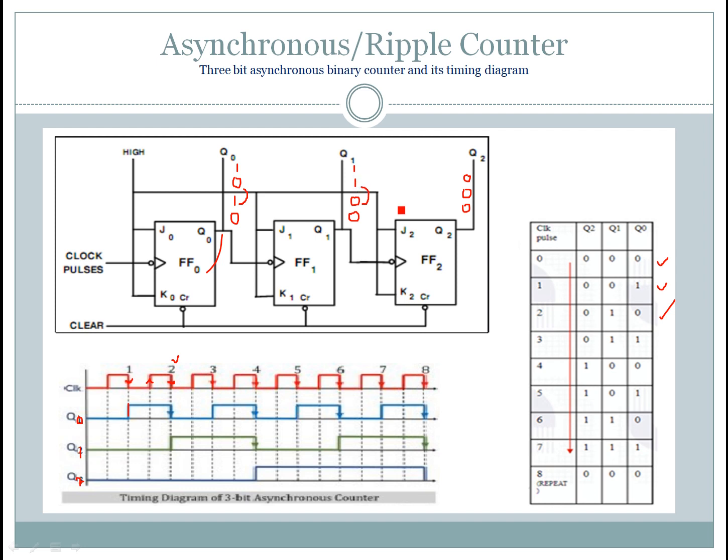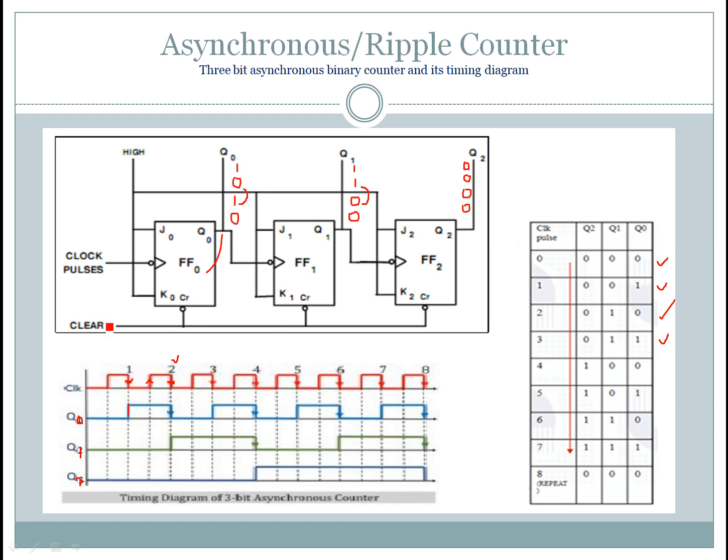And again here FF2 is not receiving any negative edge because here 1 to 1 transition is there, so it retains its previous state, that is 0. So now the next state is 0 1 1, so that is 3.